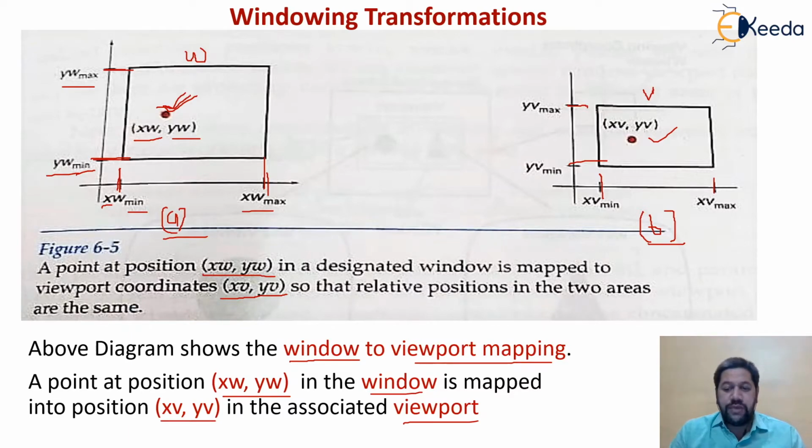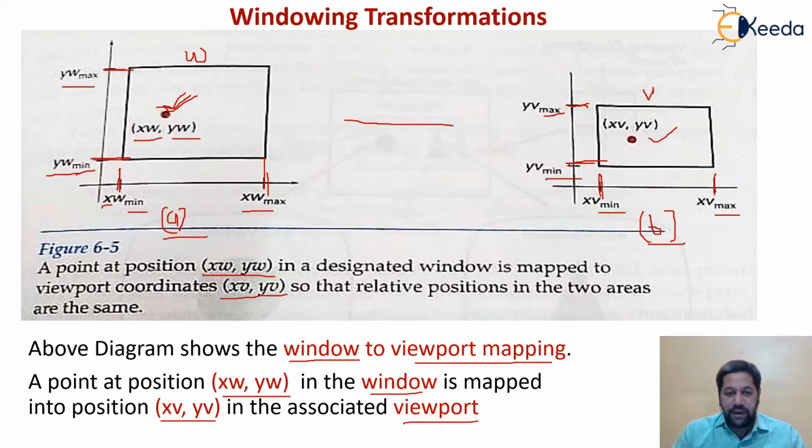These are also called the viewport left edge, viewport right edge, viewport bottom edge and viewport top edge. For yv and xv, the x and y coordinate values of the viewport, we have minimum and maximum values.